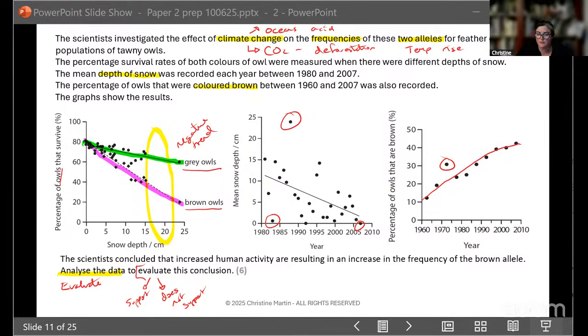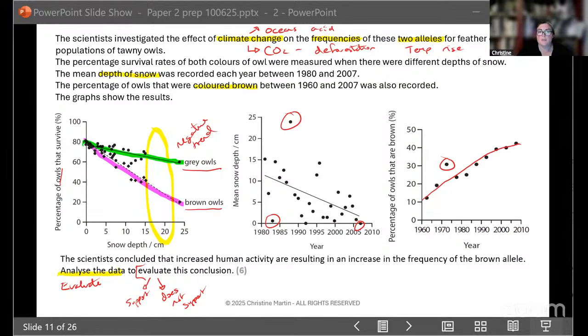Give me 1 second before I finish. So this is from OCR's version, and specifically from their booklet about math skills in biology.